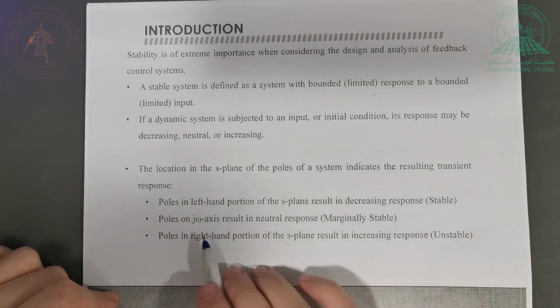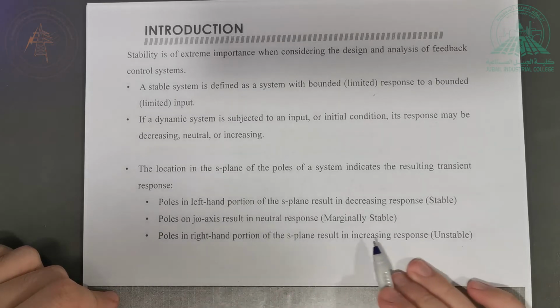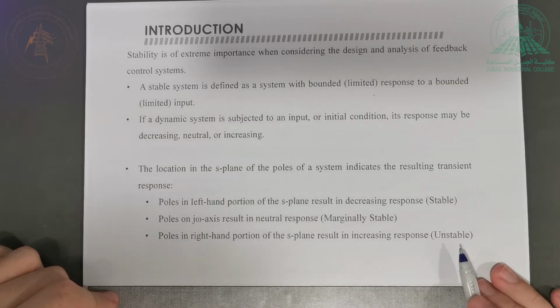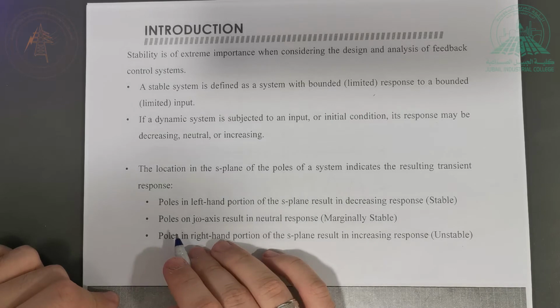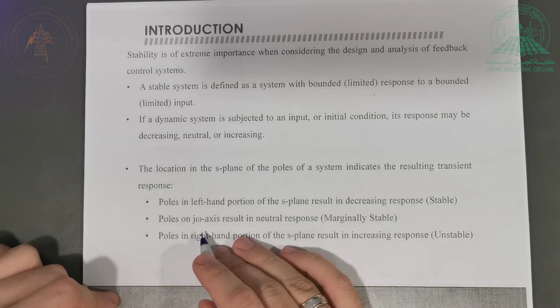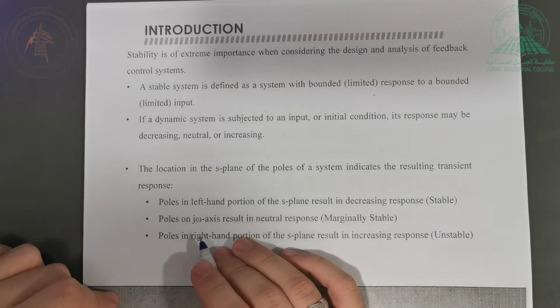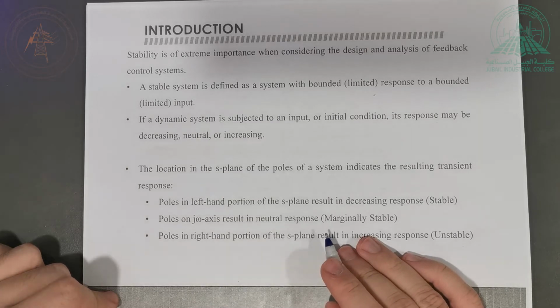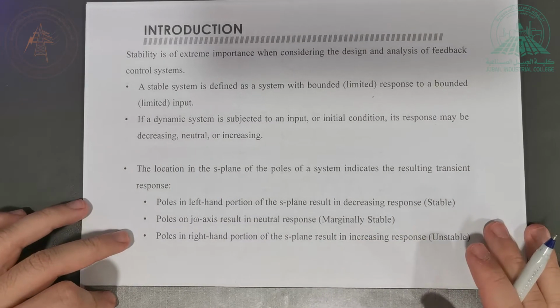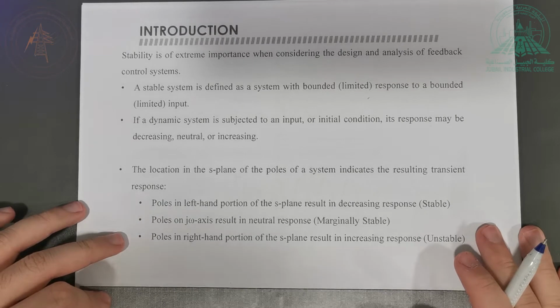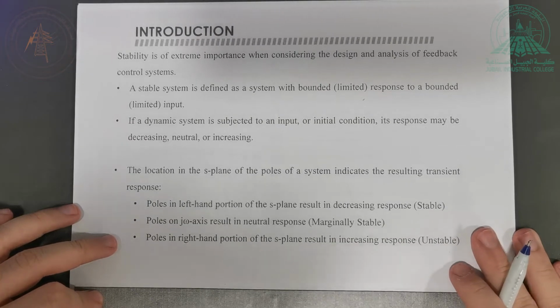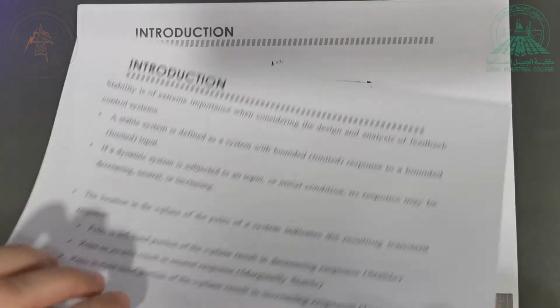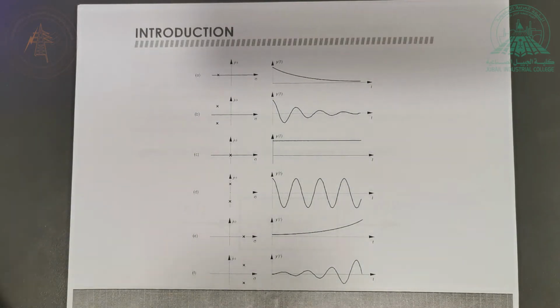However, if the poles are on the right hand side, the system is going to be unstable, right? And if the poles are located on the j omega axis, the system is going to be marginally stable. So it is on the margin, the edge between stability and instability, right? This is summarized in this figure.